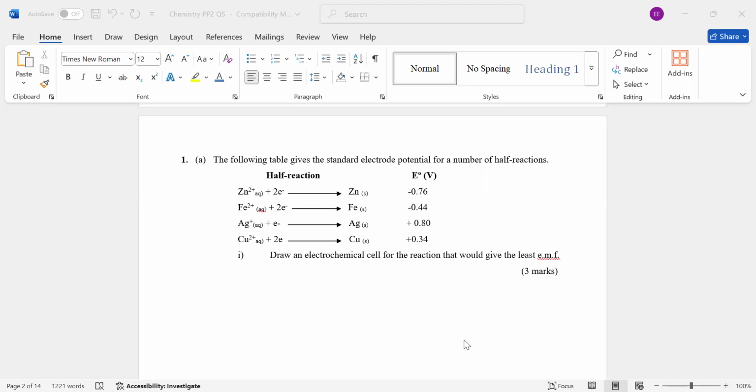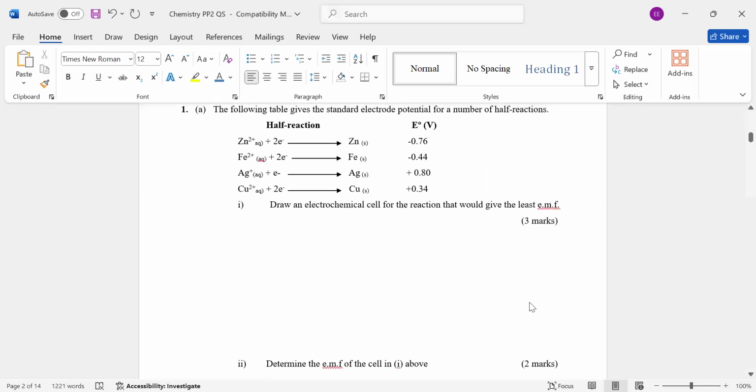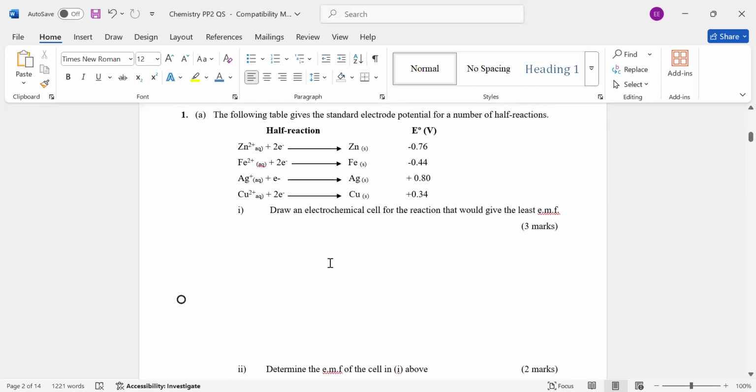On the right-hand side, you're going to have iron, the cathode. The electrode is iron, dipped in a 1 molar solution. Quickly, just a minute. Draw that, and then you'll compare with the one that I'm going to give here.